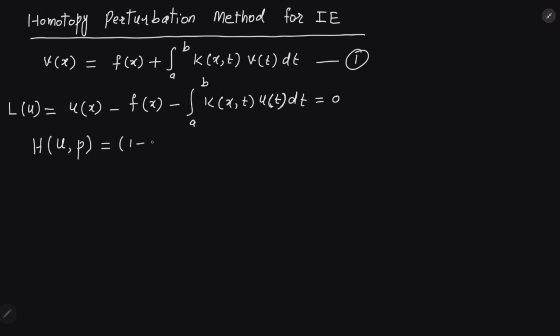We have H(u,p) = (1 minus p) F(u) plus p L(u). This F(u) is the non-homogeneous function, and this whole term is known as F(u).